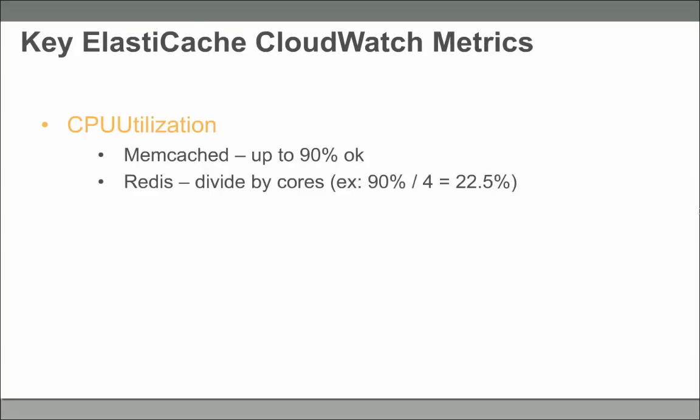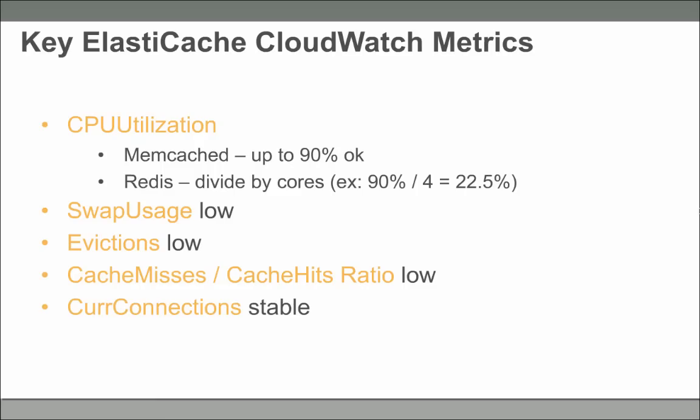So here are some important metrics to monitor. When monitoring CPU usage, you always want to know if you're maxing out on your CPU. One thing to remember here is that Redis is single-threaded, so you need to multiply the reported CPU usage by the number of CPU cores to get the actual usage. Let's take an example.